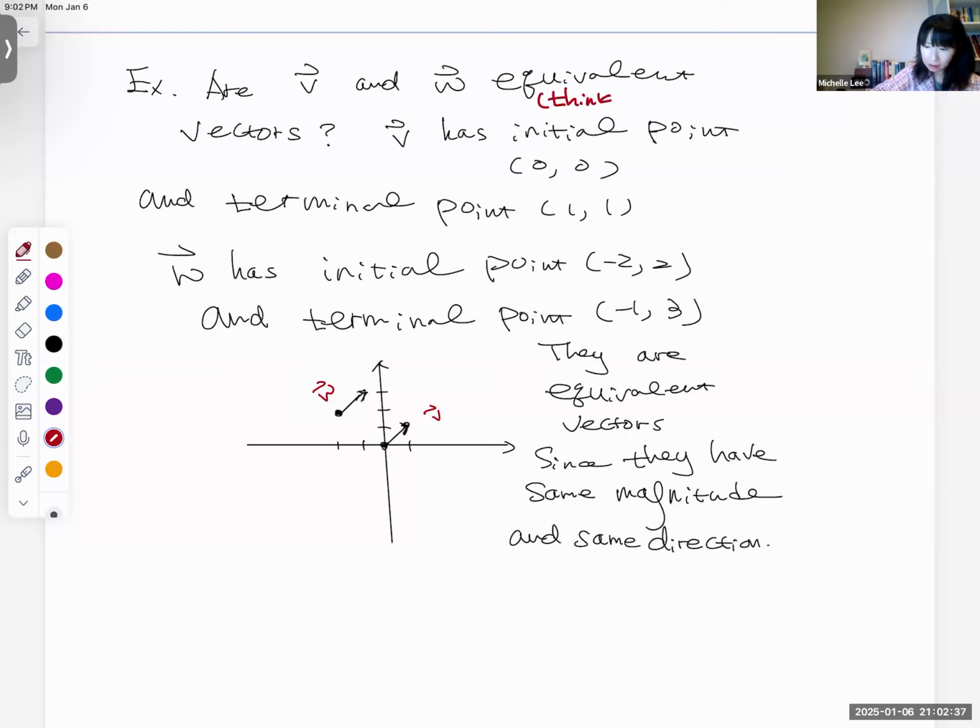Think same magnitude with same direction.